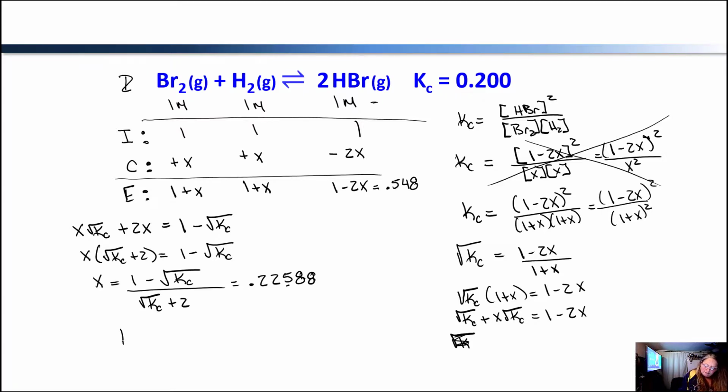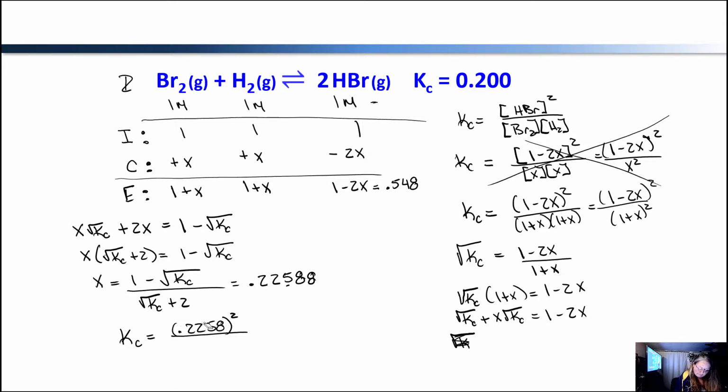So that means, drum roll please, Kc is going to equal 0.2258 quantity squared divided by, oops, nope, I put it in the wrong spot. Sorry about that. My HBr is the 0.548.